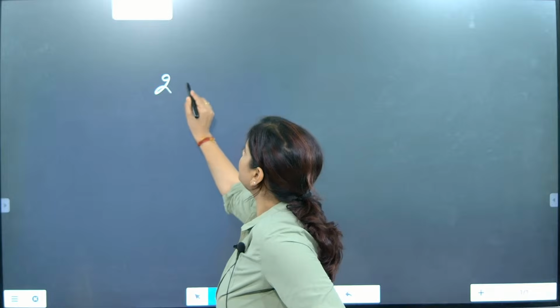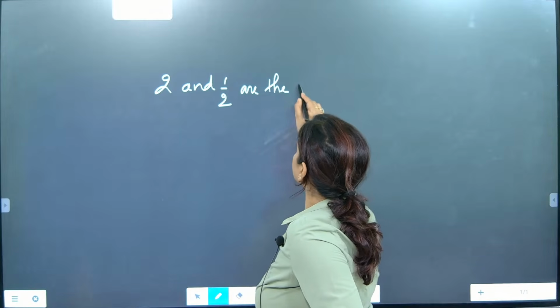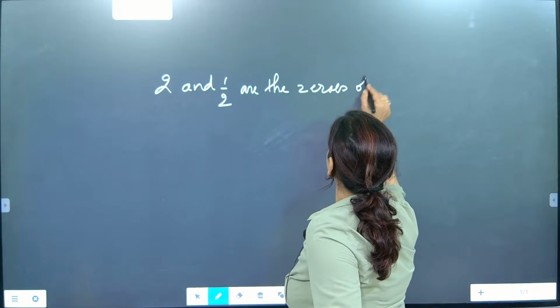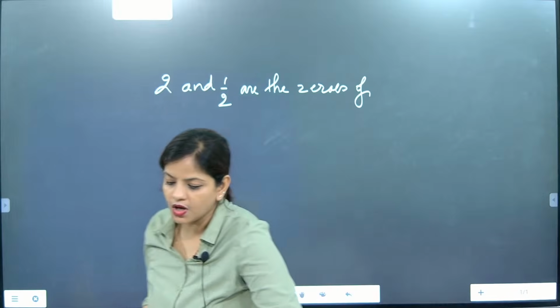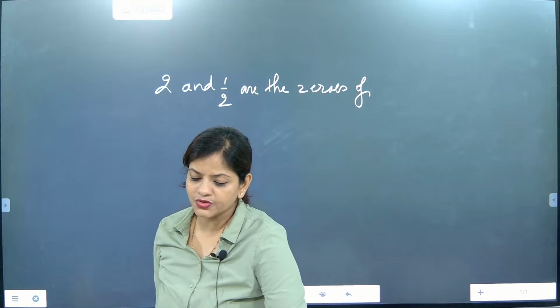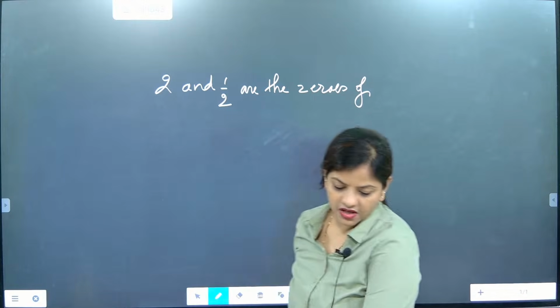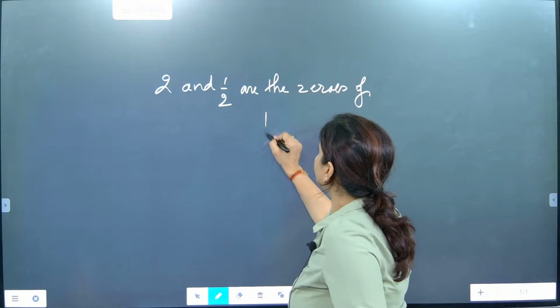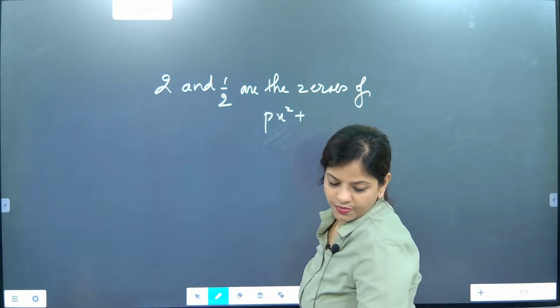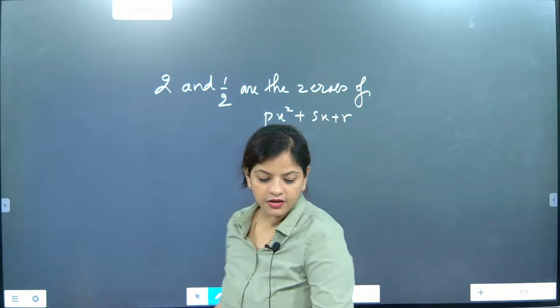The question is, go for it. If 2 and 1 by 2 are the zeros of px square plus 5x plus r, then find p and r.